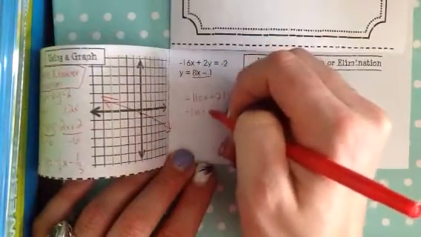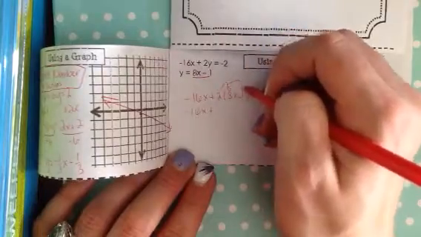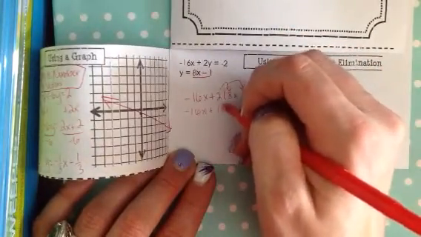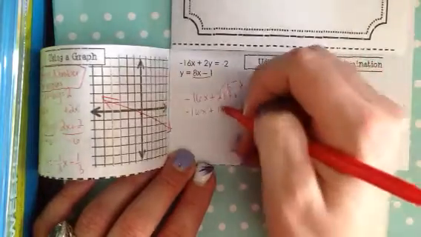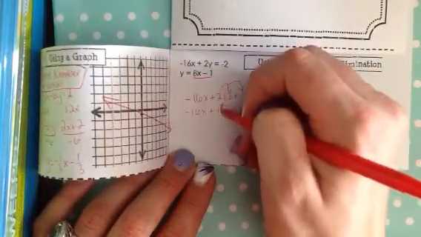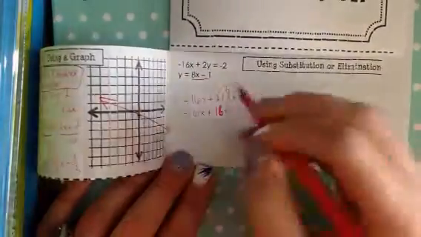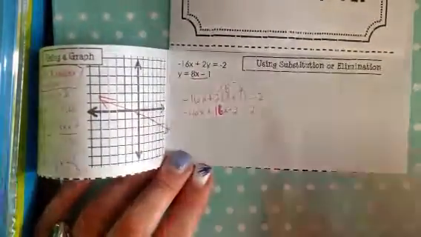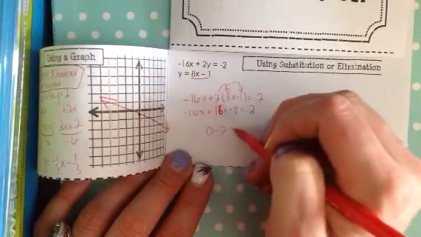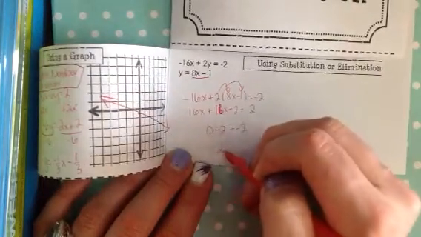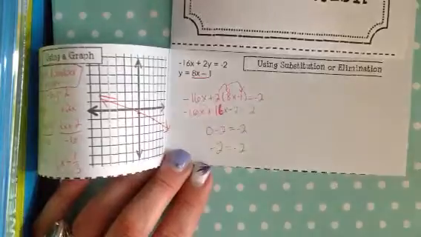Negative 16x plus, I got to distribute my 2, I get plus 16x minus 2 equals negative 2. Oh, sorry, 2 times 8 is 16. Negative 16x plus 16x is 0, so when I combine like terms, I get 0 minus 2 equals negative 2, which reduces to negative 2 equals negative 2.